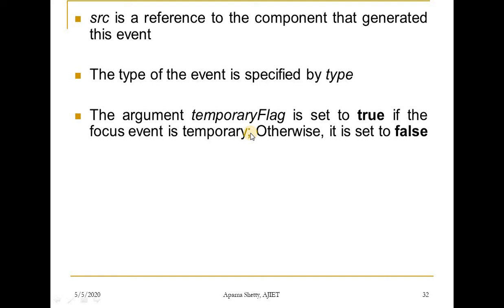Otherwise, it is set to false. So if the focus event is temporary, then the temporaryFlag is set to true. If the focus event is not temporary, then this temporaryFlag is set to false. So temporaryFlag is of type boolean, which has two values, true or false.